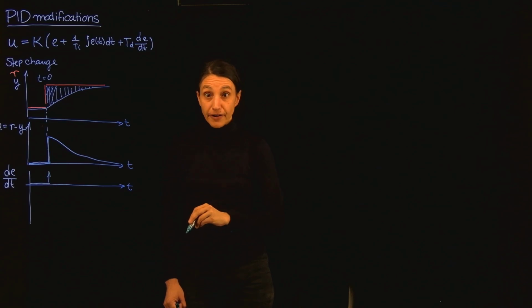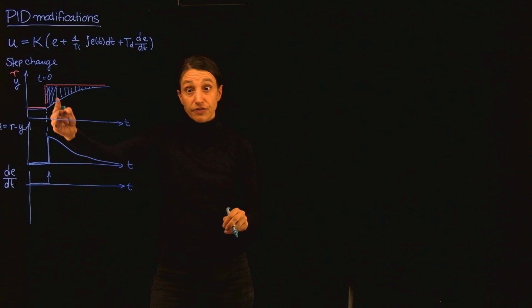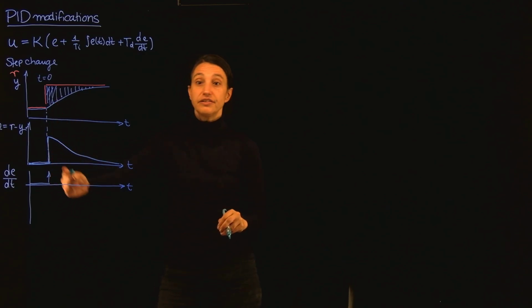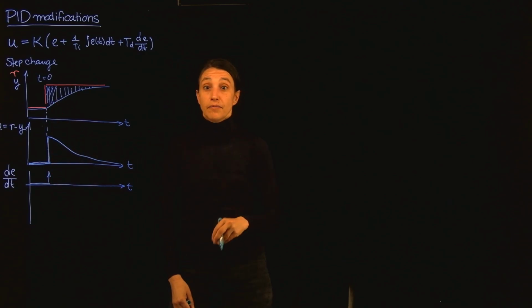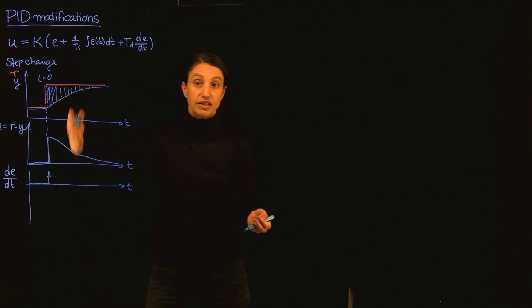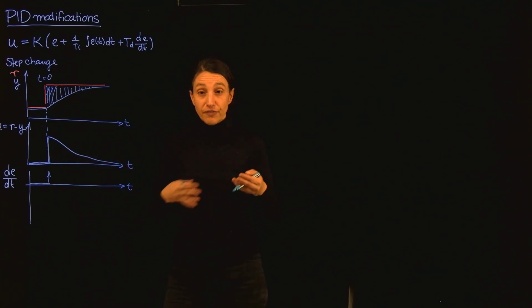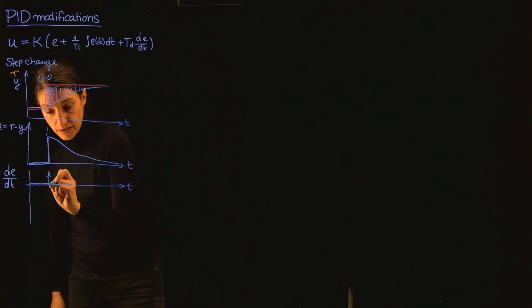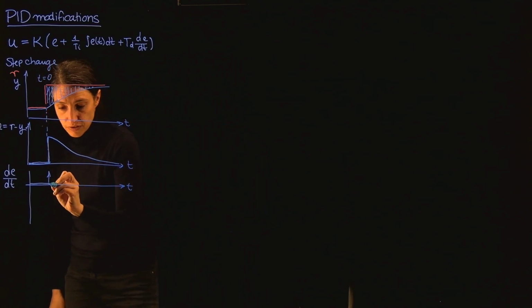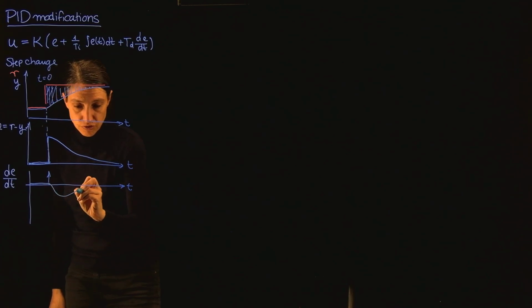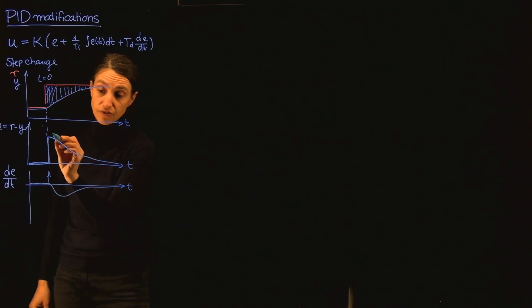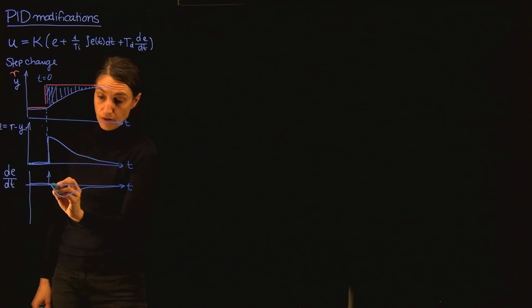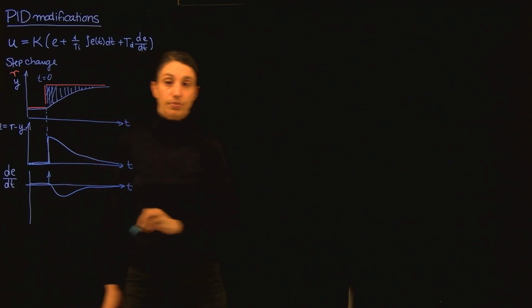It will become very big for a very short period of time, because the derivative here is a straight line going up, so the slope of this increase is infinite. After that, it goes negative. I have a negative slope, which goes down, and it's going to go up again.